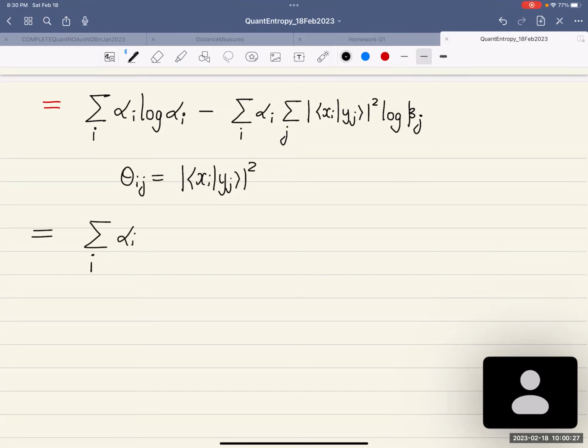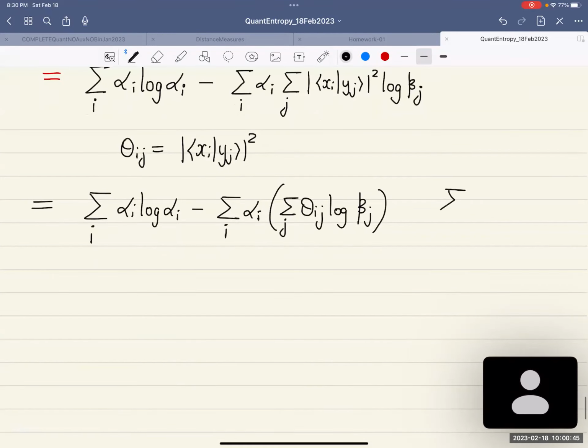So the sum of alpha i log alpha i minus the sum over i of alpha i, and there I have a sum over j of theta ij log beta j. Observe the following. Suppose I sum over j of theta ij, what do I get?